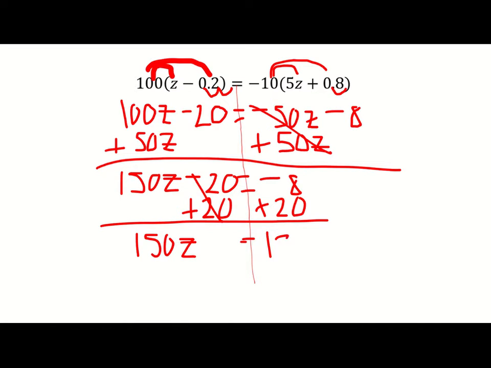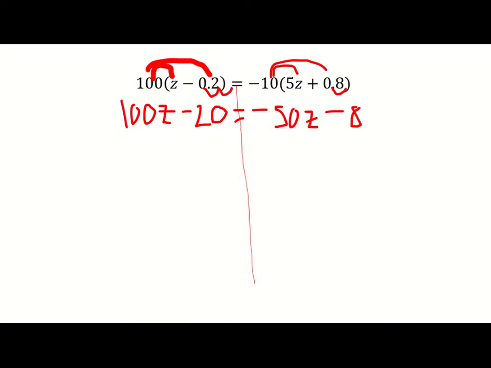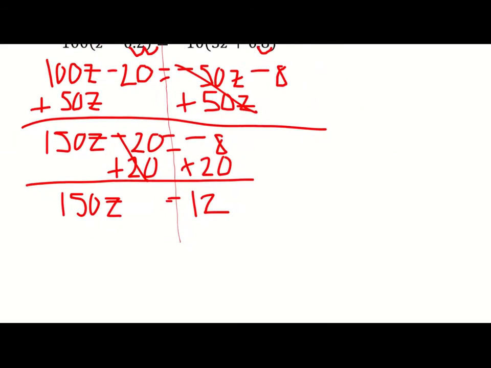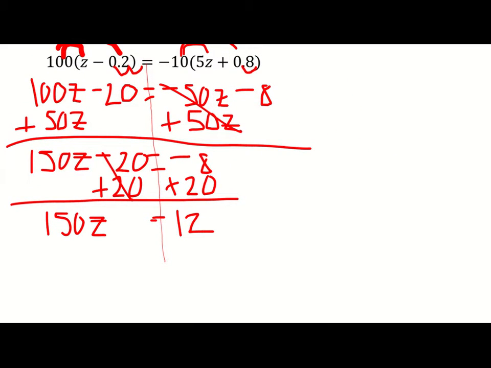And 20 minus 8 is 12. So the last thing I have to do in this problem is I want to get the z by itself. So I'm at the point I now need to divide by 150. So the 150s cancel. I have z equals.